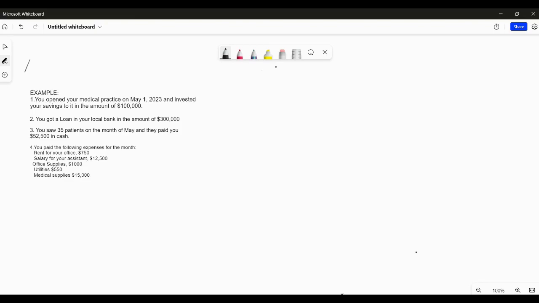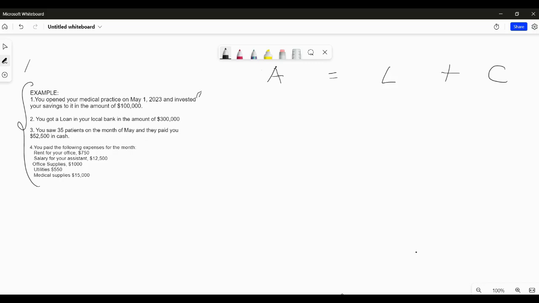Now we'll take a look at how the following transactions will affect our accounting equation, and we will make the balance sheet afterwards. So this is our accounting equation. We have assets equals liabilities plus capital or owner's equity.